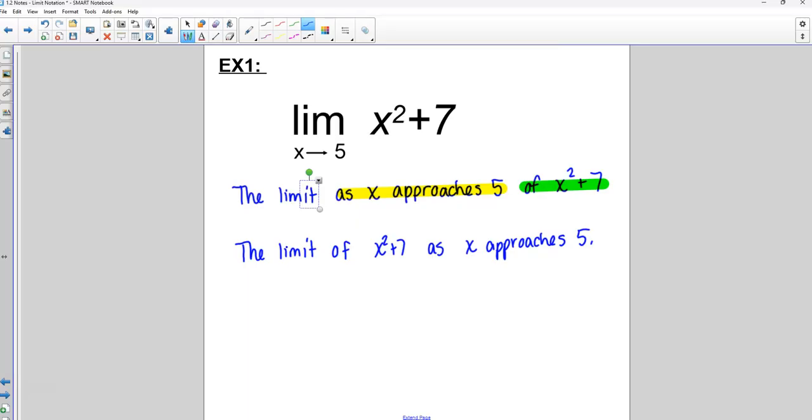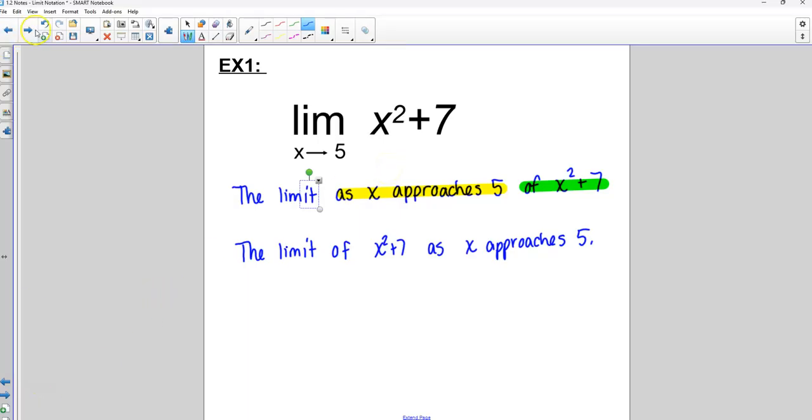You should be fairly familiar with this because we use limit notation to talk about asymptotes in pre-cal, so it shouldn't be totally foreign. There are just a couple things I want to remind us of.